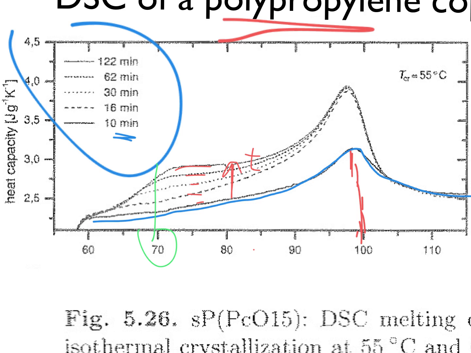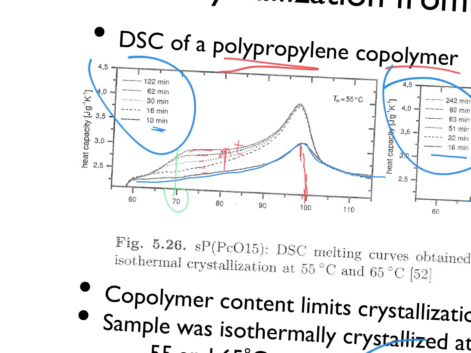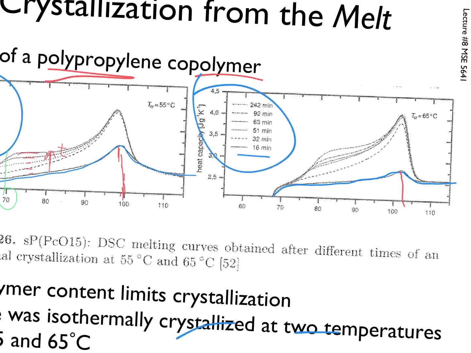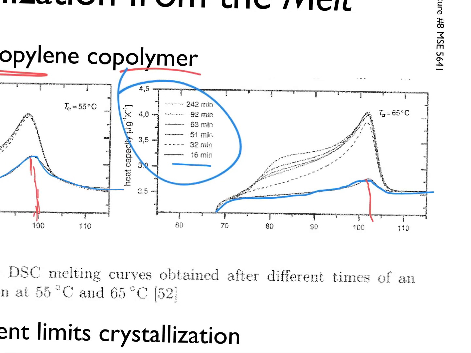And so what we're doing is we're forcing these things to have a lower quality, and thus we get these melting behaviors at temperatures that are very low. And the same thing holds true at 65. Everything's shifted up to slightly higher temperatures as a result of this, but we get the same kind of trend. All right, crappy crystals are formed, and those crappy crystals melt at relatively low temperatures.